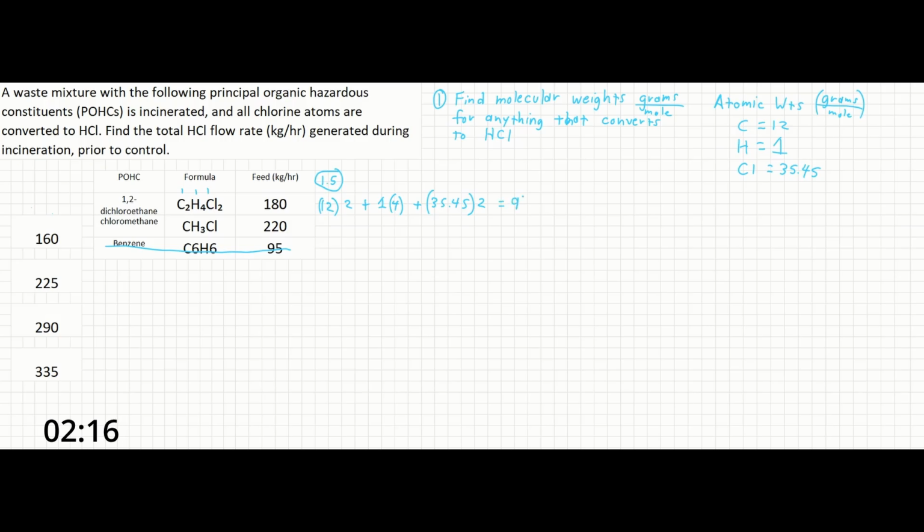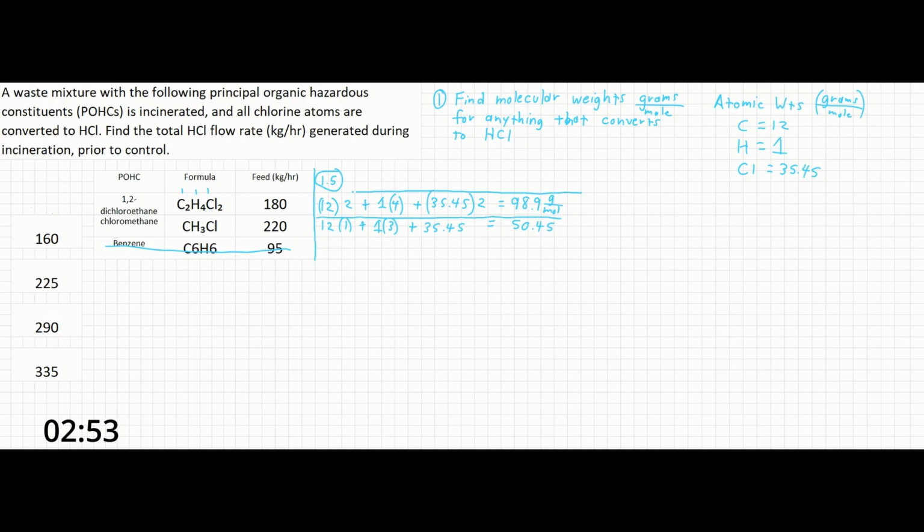And that is going to come out to 98.9 grams per mole. Down here, we have 12 times 1 plus 1 times 3, sorry about the parentheses being inconsistent, plus 35.45. And that's going to be equal to 50.45. And then we don't need to calculate the last one.